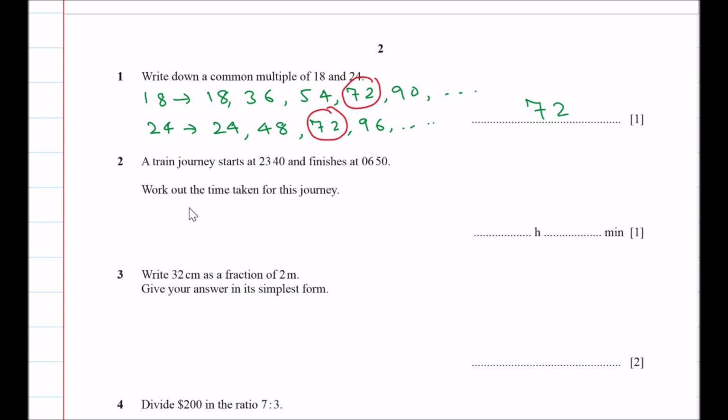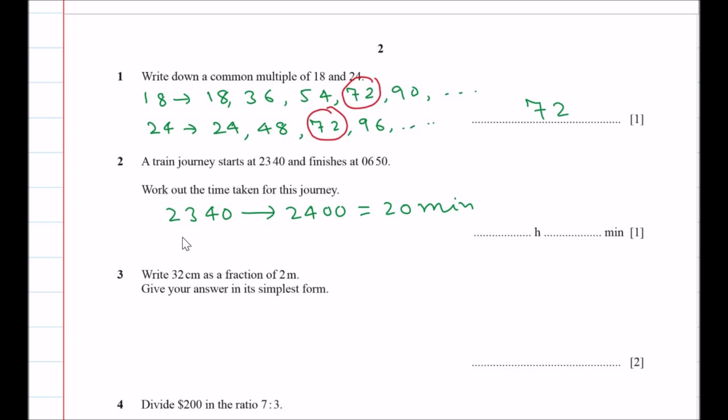For this kind of question, you can split the time. 2340 means it's night time, 1140, right? 1140 to 12, that is midnight. So that is 24 or 00. So this gives 20 minutes.